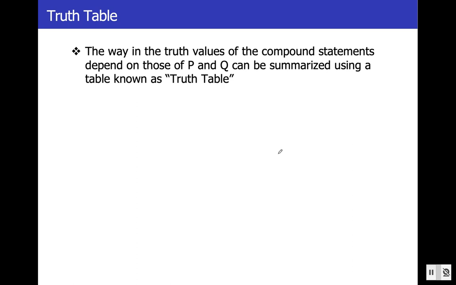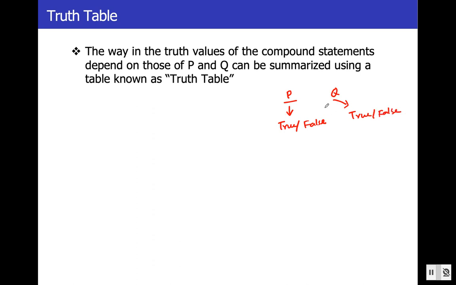So compound statements, we know, are created using some logical connectives and some elementary statements. So you have two statements, P and Q. The value of this statement is going to be either true or false, and this statement will be either true or false.